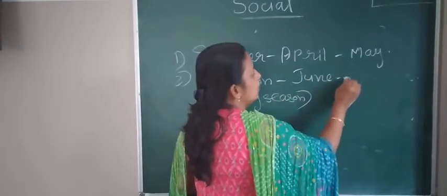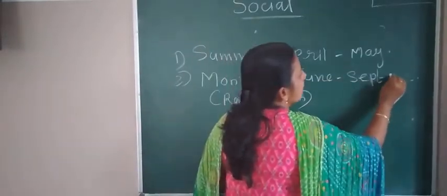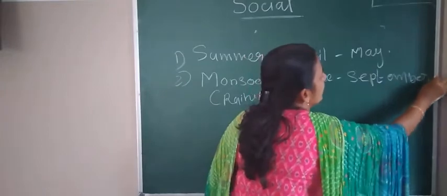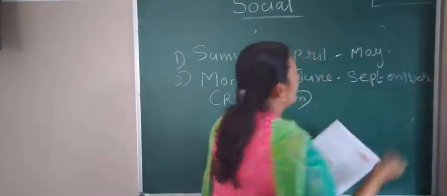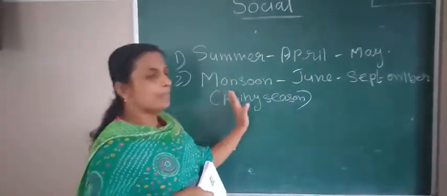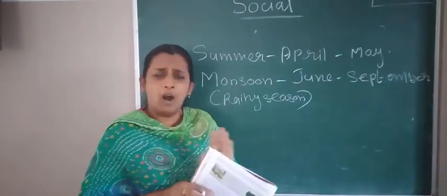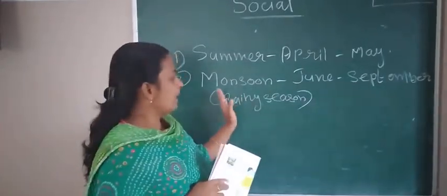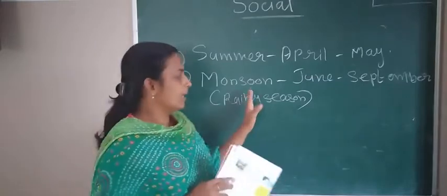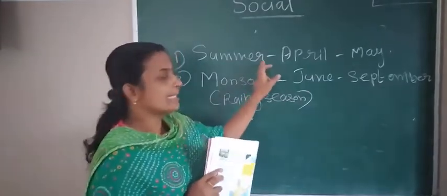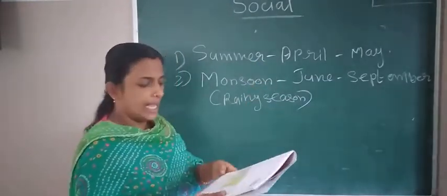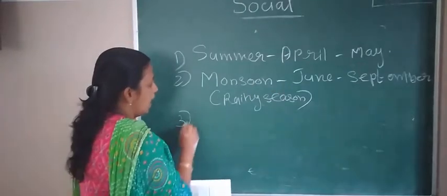June to September. And what's the difference between summer and monsoon season? Summer season means very hot. And monsoon season, cold season, heavy rain. And here heavy sunlight.